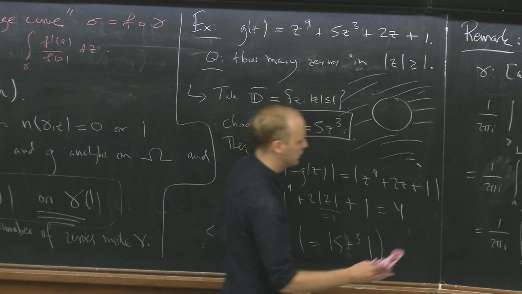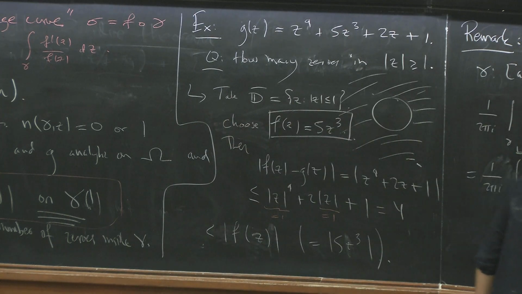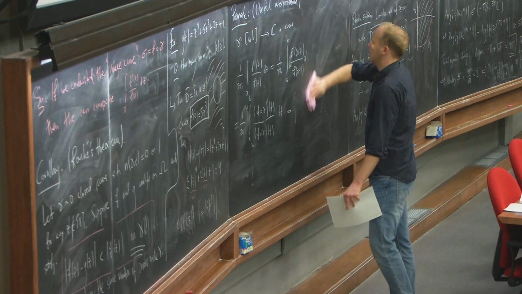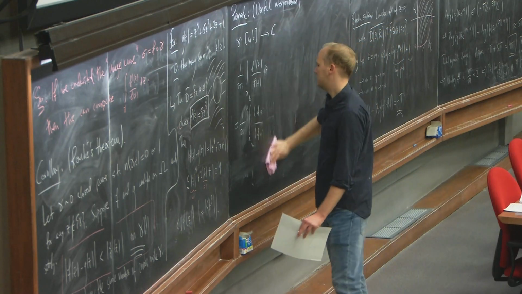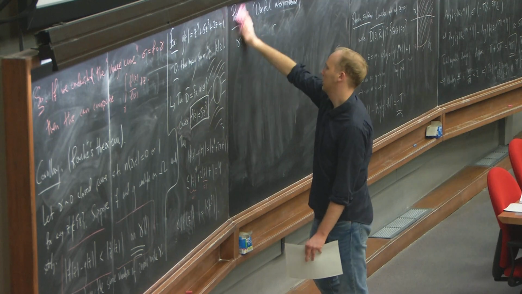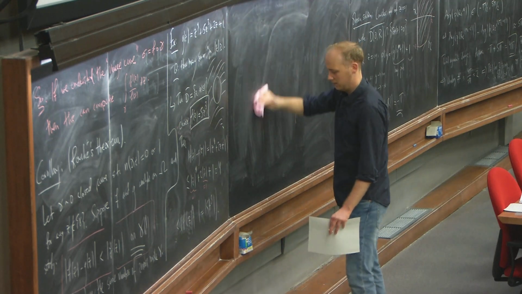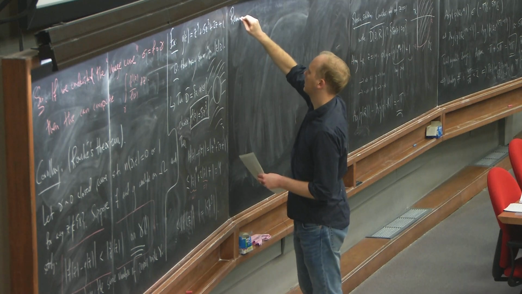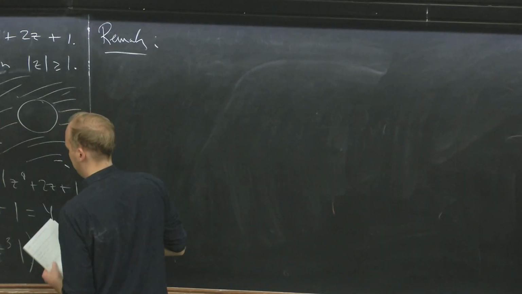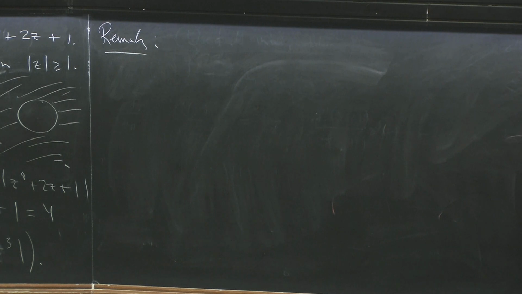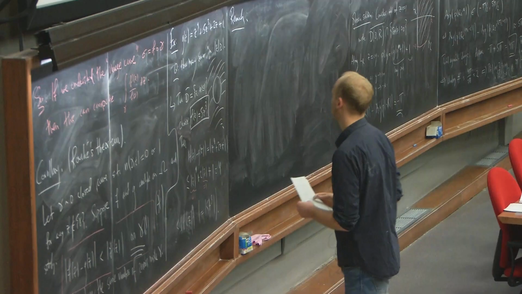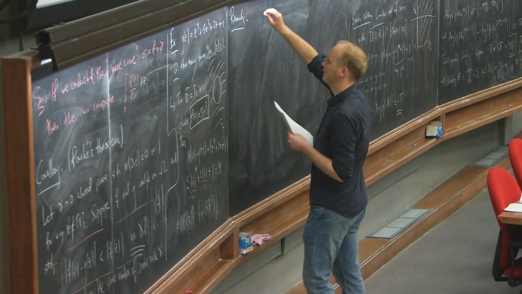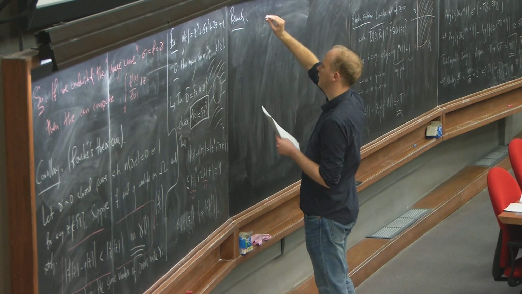And now that I wrote that, let me now tell the remark that relates to your question. So now we make the remark that from this condition, let's call it condition star, the absolute value of f minus g is strictly less than the absolute value of f.